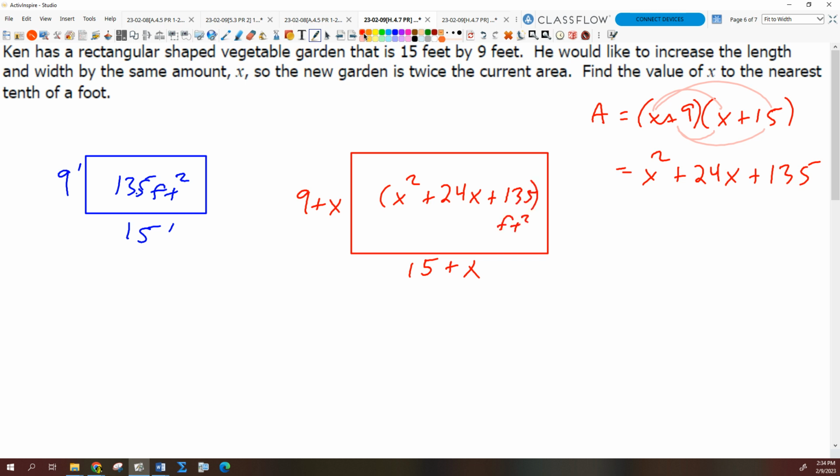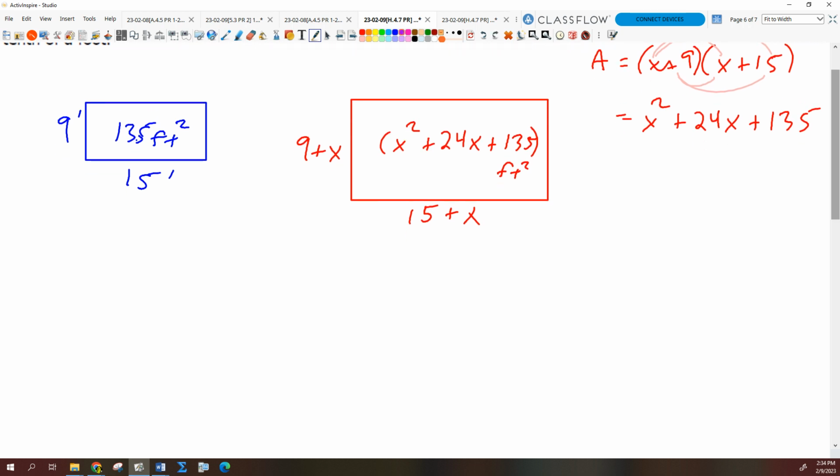Okay. And the prescription was we wanted to expand so the new garden is twice the original area. Okay, look at that. So then we end up with the equation 2 times the original area, 135, equals the red area.